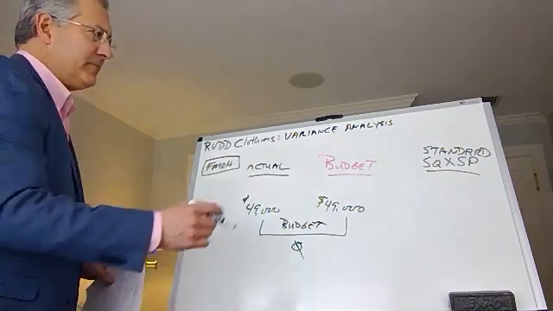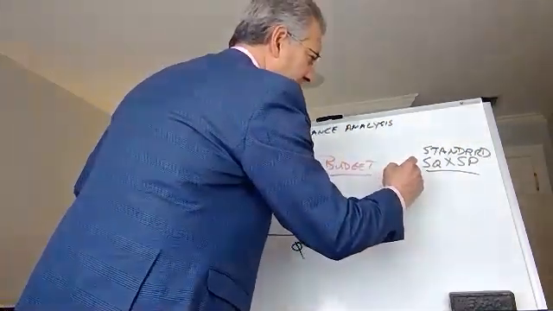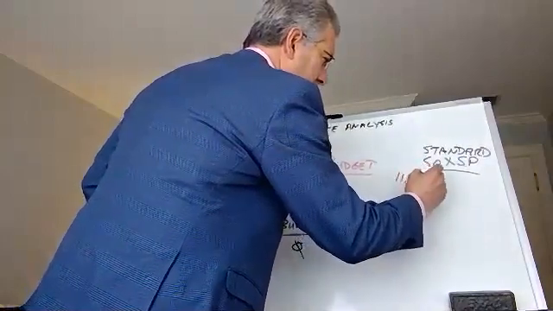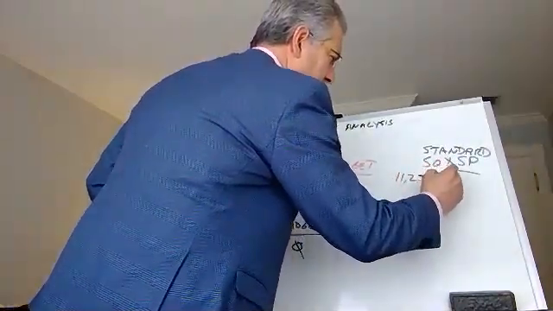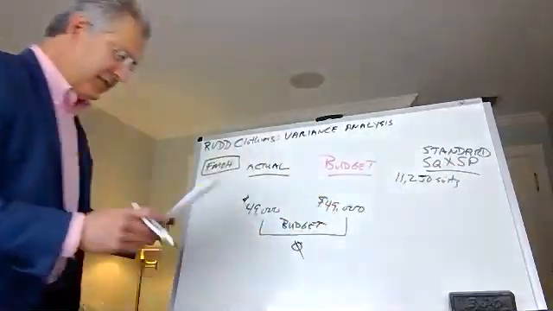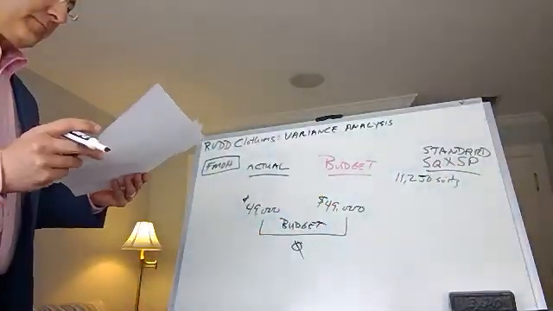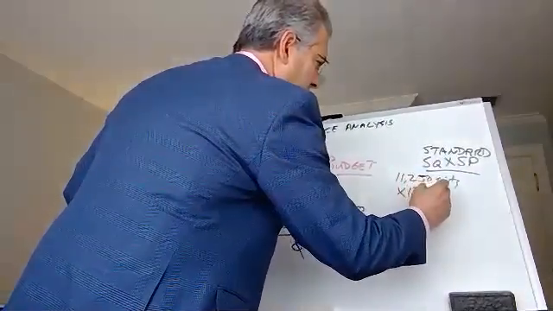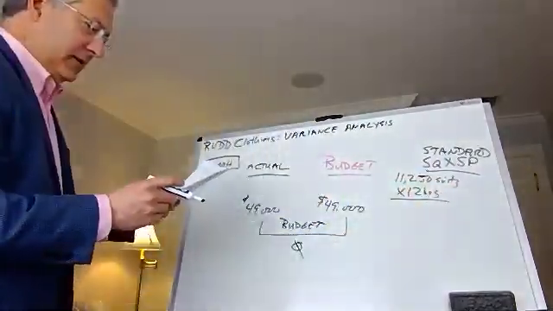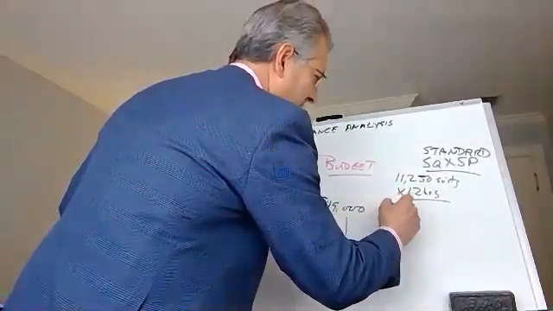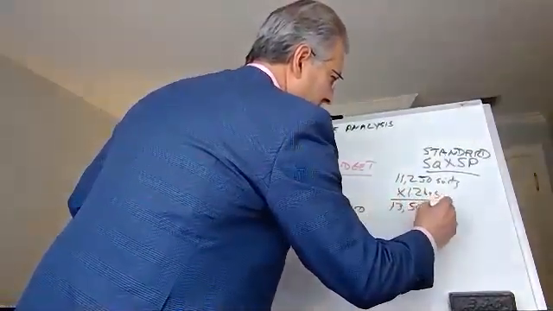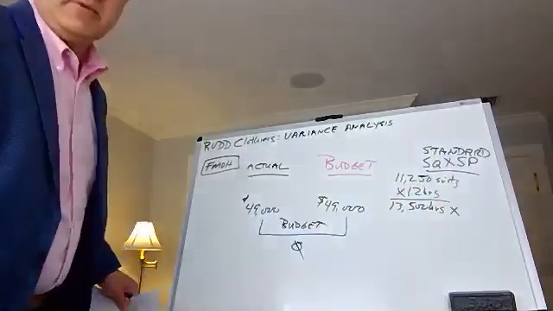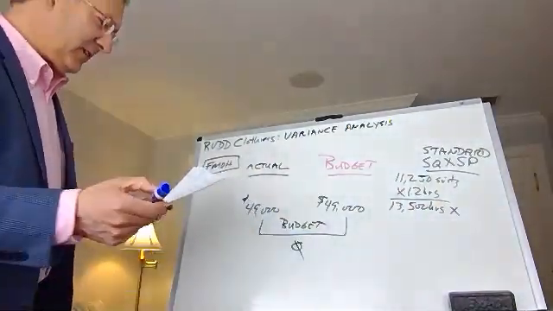The standard, remember, we start with the actual output, 11,250 suits. They should have used 1.2 hours. And this is a number we've seen before, 13,500 hours. Multiply times what? The standard price.